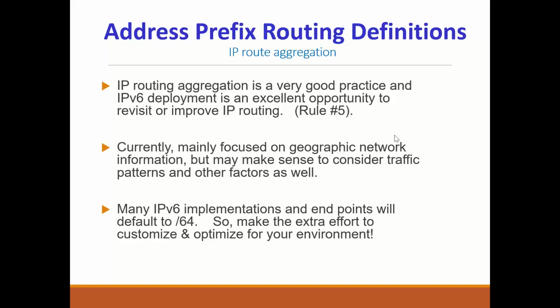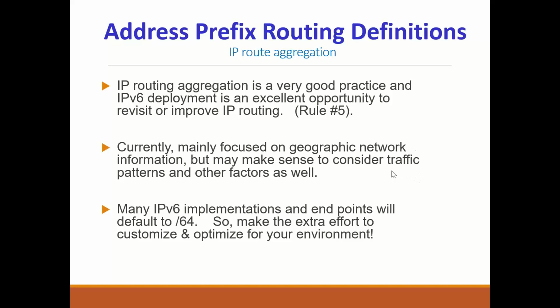Let's just talk a little bit about why this is important, and I'm not going to dwell on this a lot because Nalini covered this last week, and it is rule number 5. This is just a darn good idea. Now, we may have a bunch of baggage out there with v4. In other words, we haven't done as good a job in aggregation there, but now we've got this new stuff.